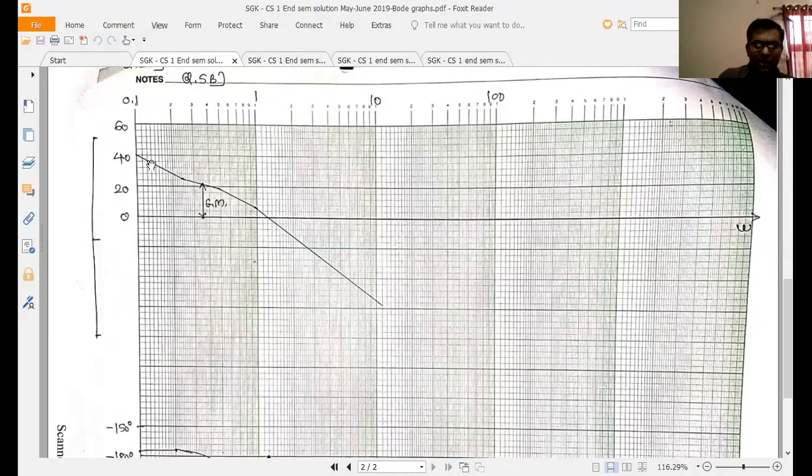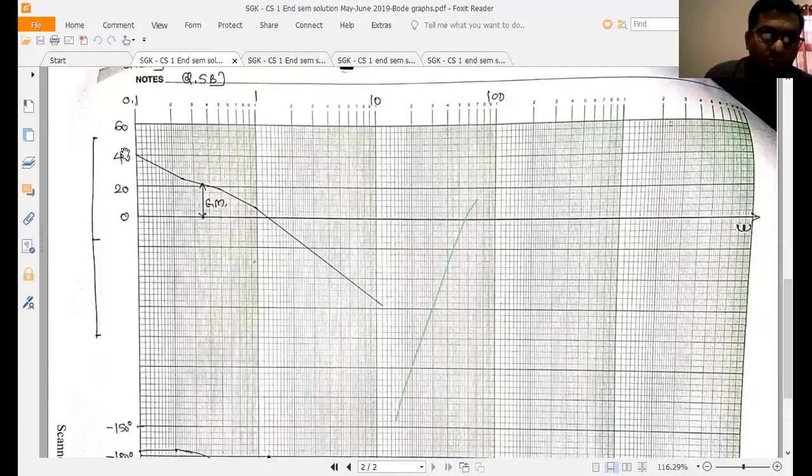Minus 40 dB per decade, this straight line. Now how is this straight line coming like this? It starts at 40, and if you extend this line, it will end at 0 when this decade gets complete. 0.1 to 1 is 1 decade, and the line goes from 40 to 0, right? So this slope is now correct, minus 40 dB.